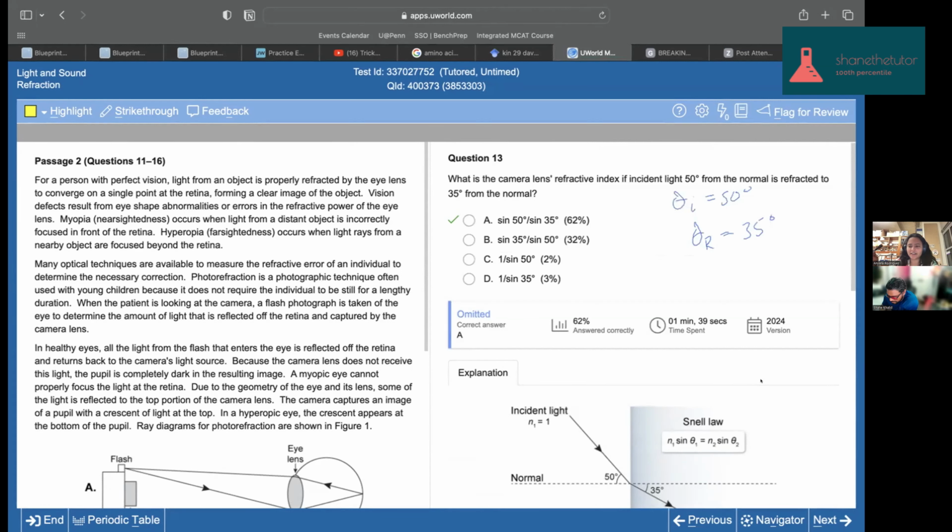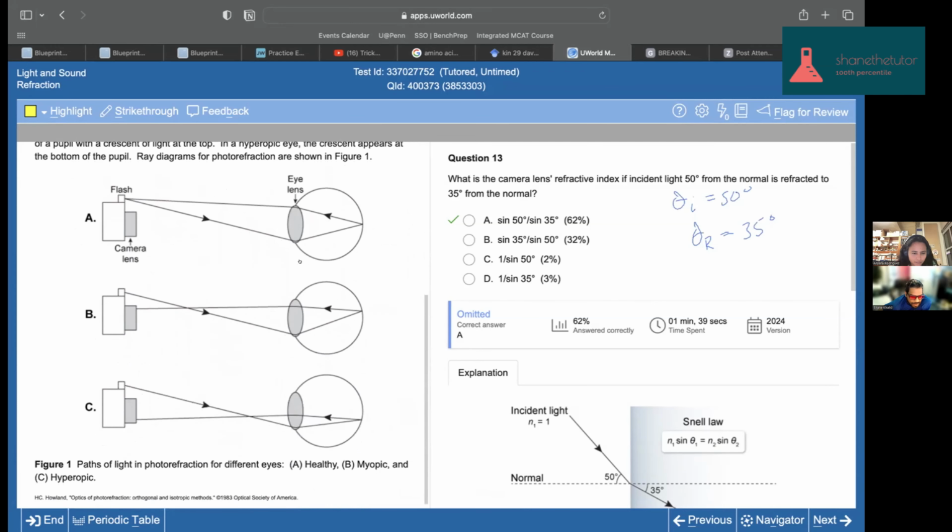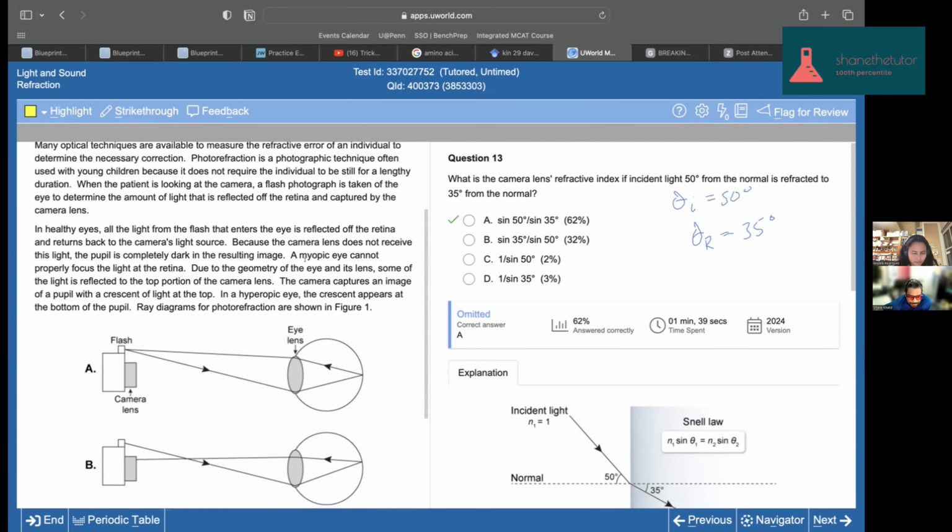So, okay, they're talking about the camera lens's refractive index. So we would need to use the passage to see where it is coming from, like the air, and if the camera lens is the more dense medium or the less dense medium.